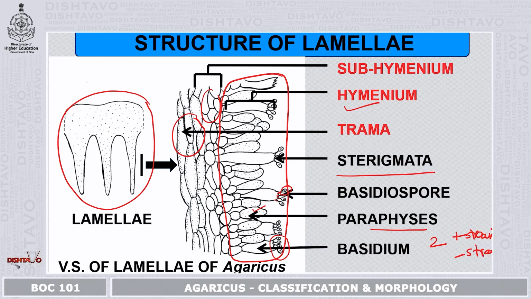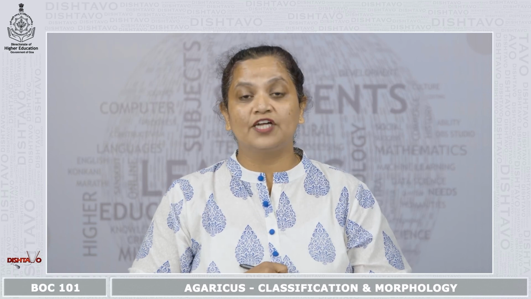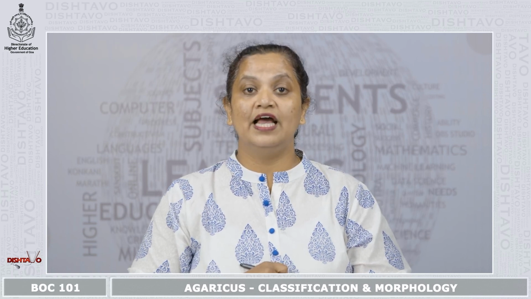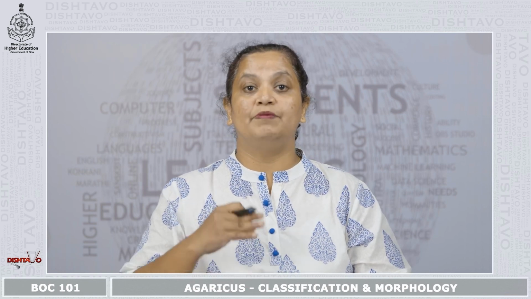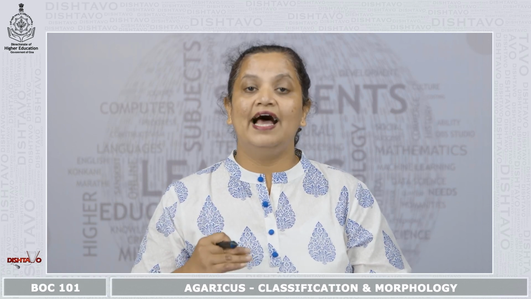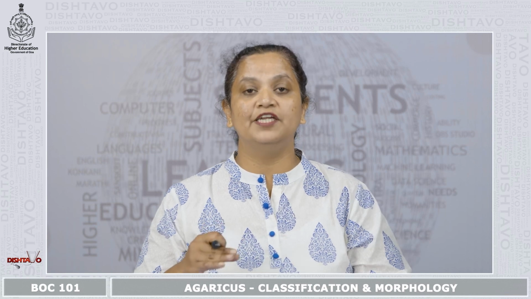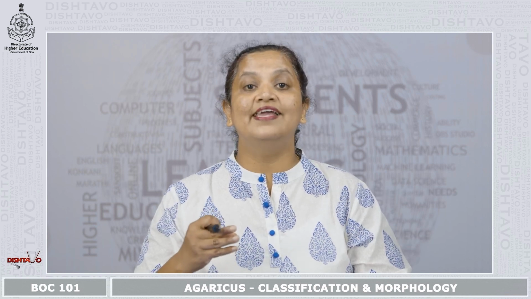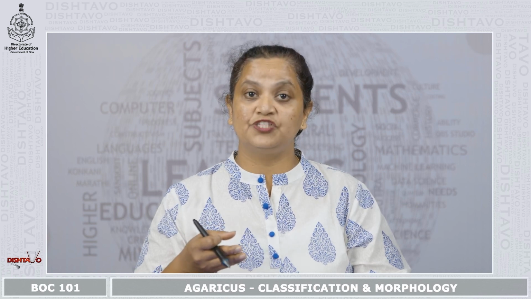Students, we have studied today the systematic position of Agaricus. We have also learned the structure of Agaricus, how it looks. It has 2 portions, the basidiocarp and the stipe. The stipe is a stalk-like portion and the basidiocarp is the expanded portion which will bear gills or lamellae on its undersurface. If we take a section of the gills, we have seen 3 regions: the trama, subhymenium, and hymenial layer.